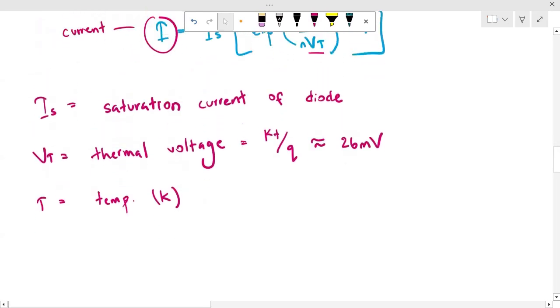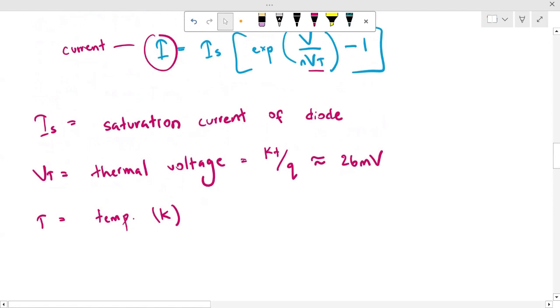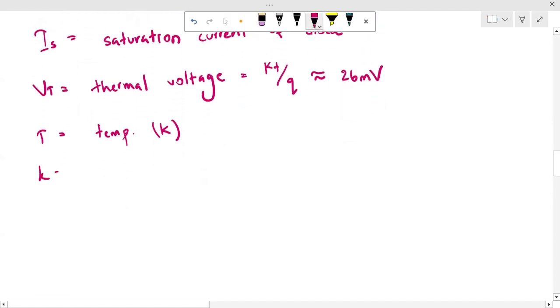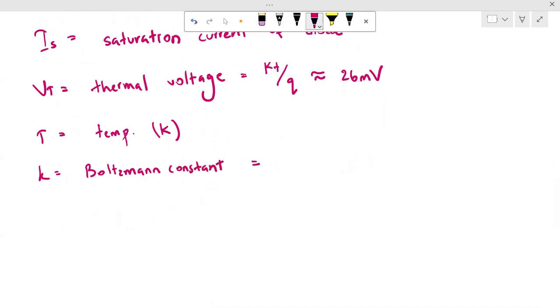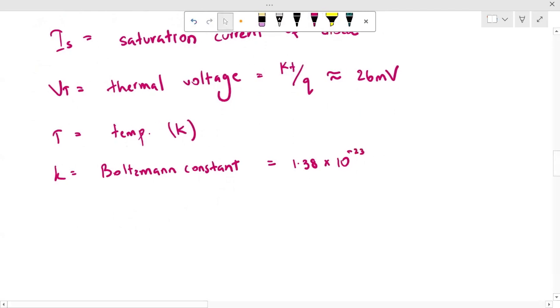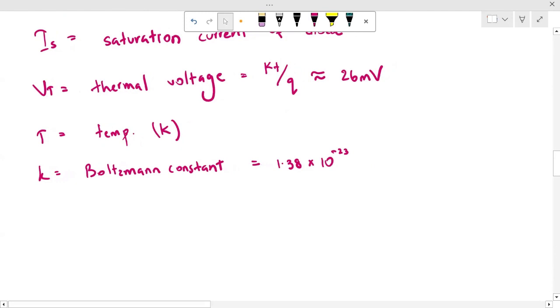Then what's the k? The k is known as the Boltzmann constant, which is equal to 1.38 into 10 to the power minus 23. That's just a constant number, but it is important to remember.